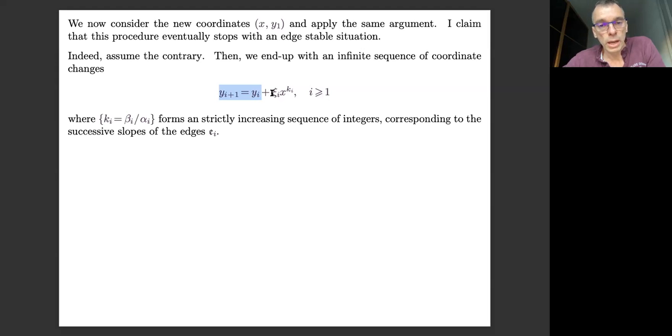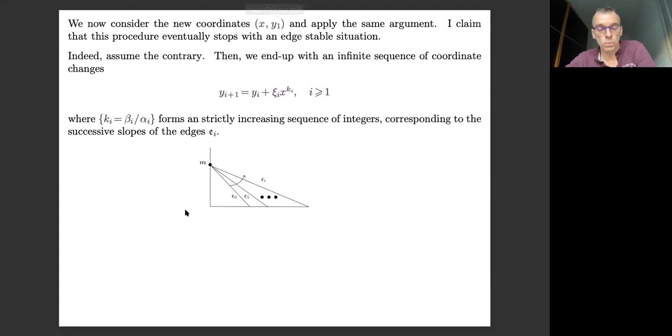At each time you have a slope ki, which is beta i over alpha i, and the important thing is that this sequence of positive integers ki is strictly increasing.